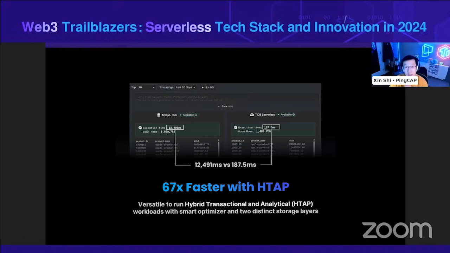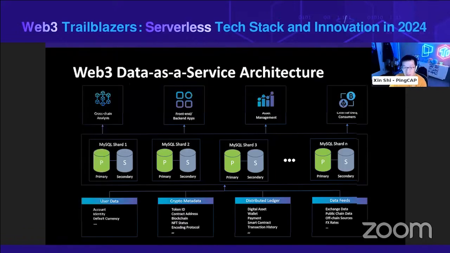If you have MySQL running on AWS, which is RDS, and you run the same analytical query on both RDS and the same data hosted on TiDB Serverless, we can achieve more than 60 times faster with our HTAP capability. So with our smart optimizer and our two distinct storage layers, your infrastructure is just easier and your workloads are just faster.